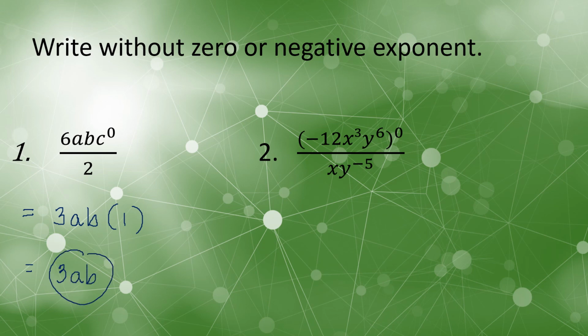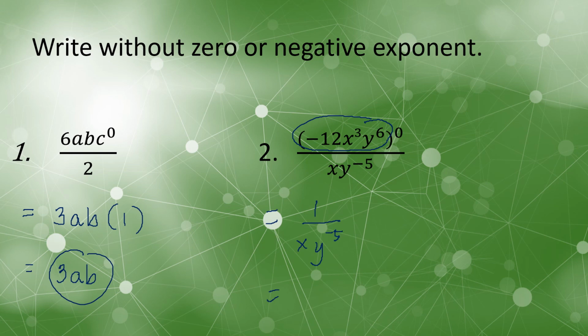Another example. Quantity negative 12x cubed y raised to the 6th power, raised to 0, over xy raised to negative 5. This expression is raised to the 0 power, so it means that it is equal to 1. So we have 1 over x raised to 1 over xy raised to negative 5.